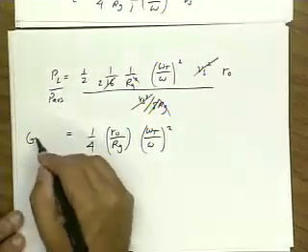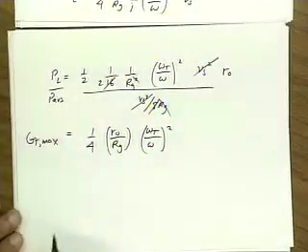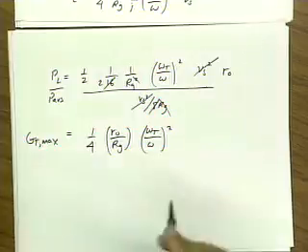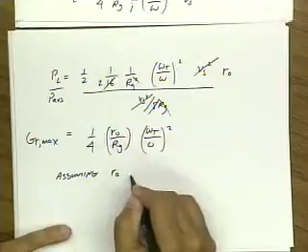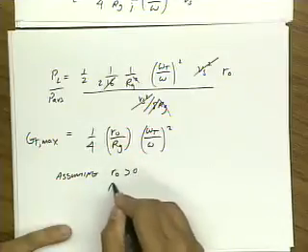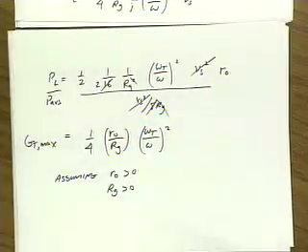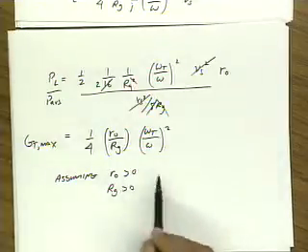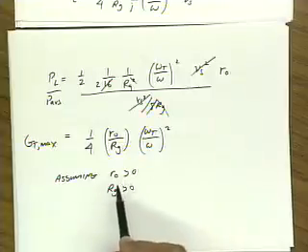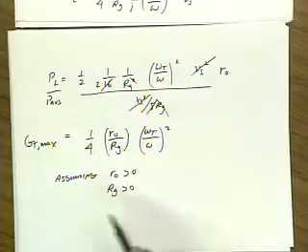And this is basically the maximum gain I can get out of this device, assuming Ro is bigger than 0 and Rg is bigger than 0. And we know that to be physically true, right? That's actually interesting. Remember, Ro is not a physical resistance. Ro is the output impedance of our device.